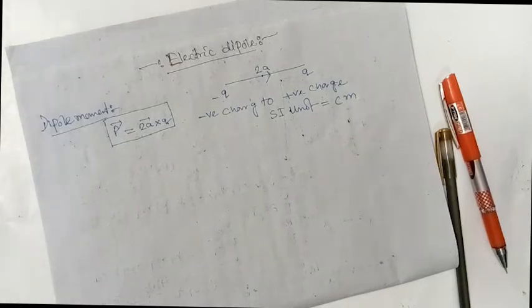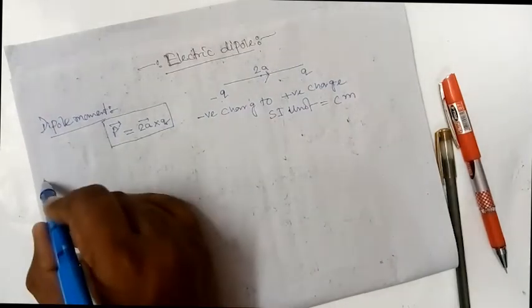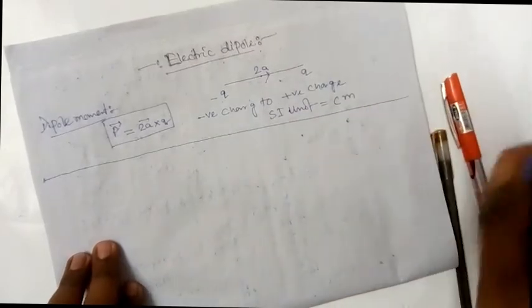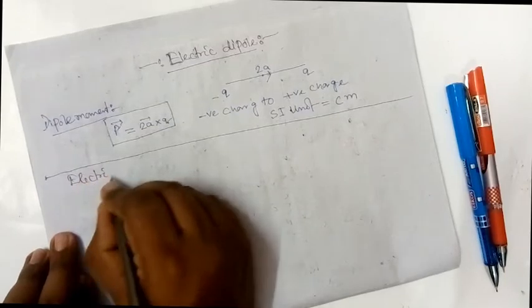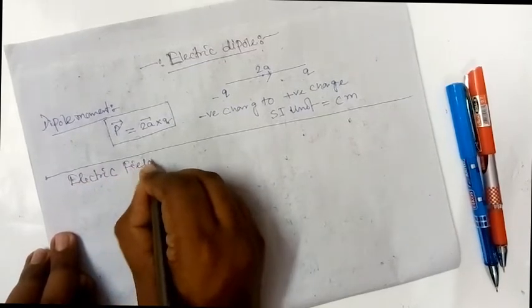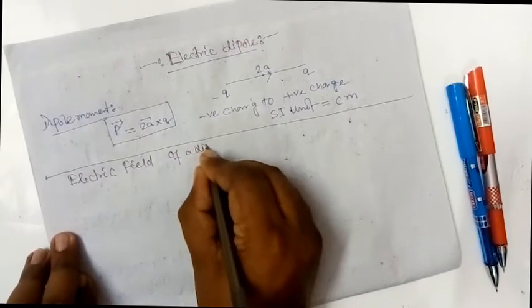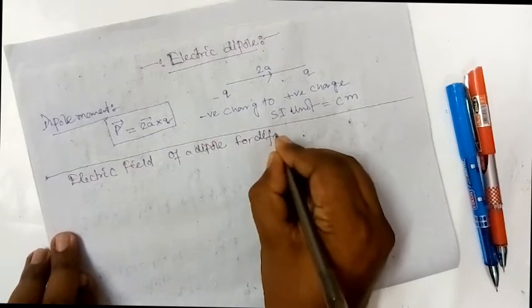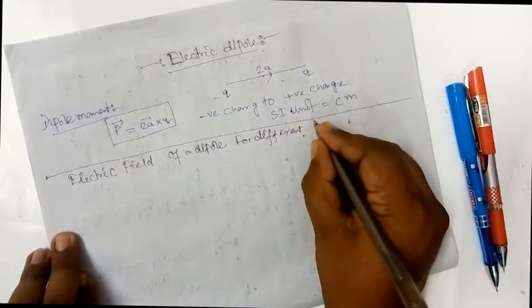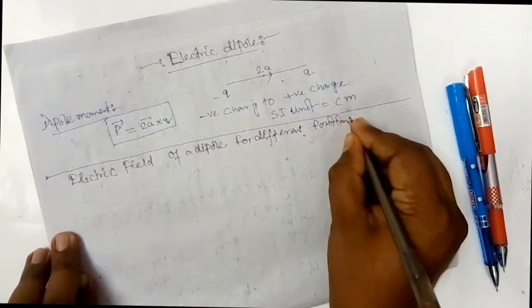Now the question has come from this dipole, what are the things we want to calculate today. First we have to find out the electric field of a dipole for different positions. So our next heading is electric field of a dipole for different positions.